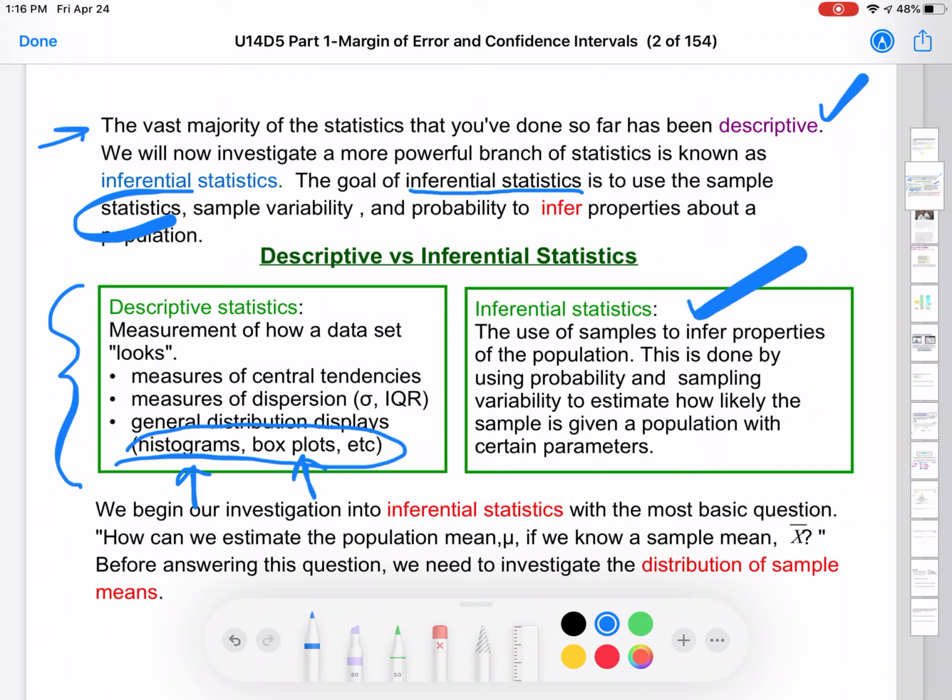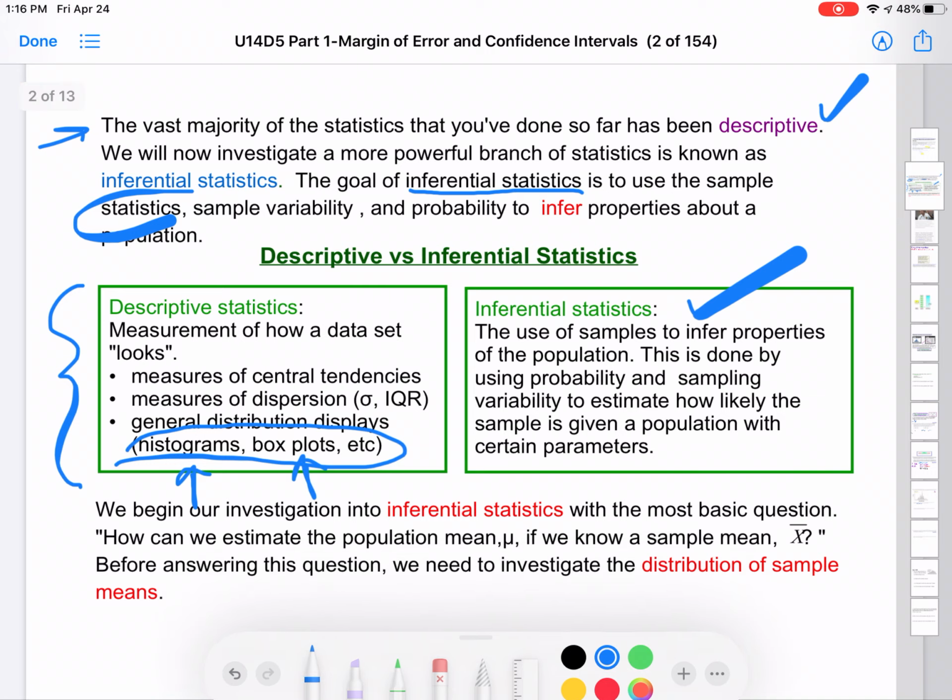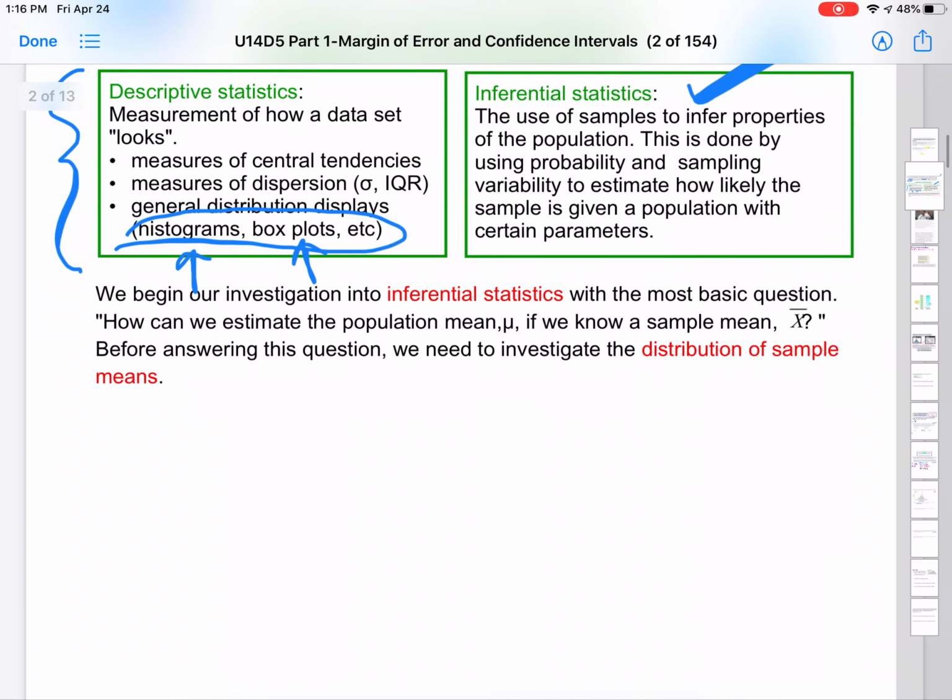So here it says the use of samples to infer properties of the population. This is done by using probability and sampling variability to estimate how likely the sample is given a population with certain parameters. All right, so we're going to begin our investigation into inferential statistics with the most basic question: how can we estimate the population if we know a sample mean?